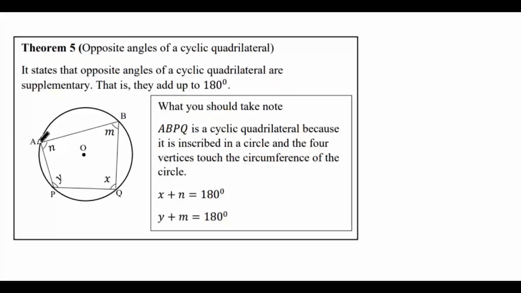So we should watch out for the four vertices of the shape. They must be on the circumference, as I said earlier. So these are points A, B, Q, and P respectively. They are on the circumference, and you can see that this quadrilateral is cyclic.